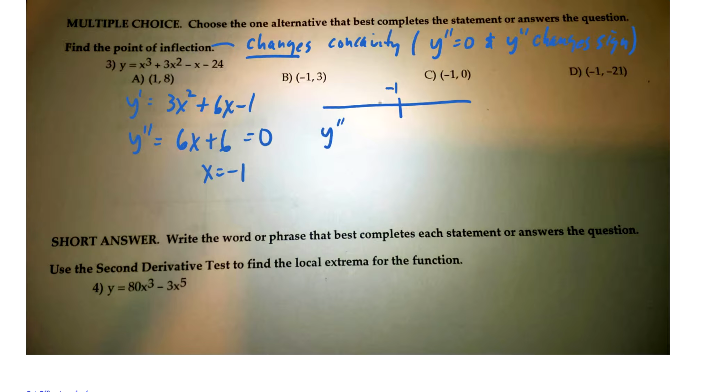So at -1, pick a number to the left like -2. If I plug in -2, then 6 times -2 plus 6 is in fact negative. So it's concave down. A number bigger than -1 like 0: 6 times 0 plus 6 is positive. So it's concave up. Then make this statement.